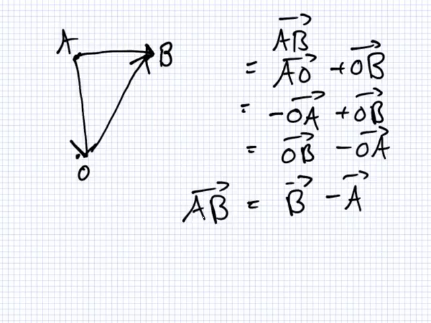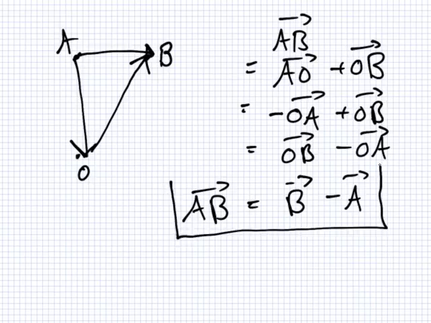So this is how we can make position vectors. The vector AB, which is a Euclidean vector as I call them, is the position vector B minus the position vector A. This is how we can change Euclidean vectors into position vectors. Position vectors are much more convenient in physics. They are the vectors we should be using most of the time. So this is called the triangle law.